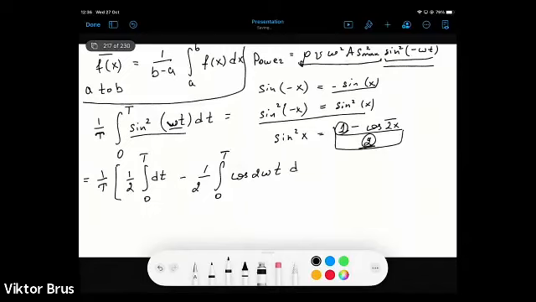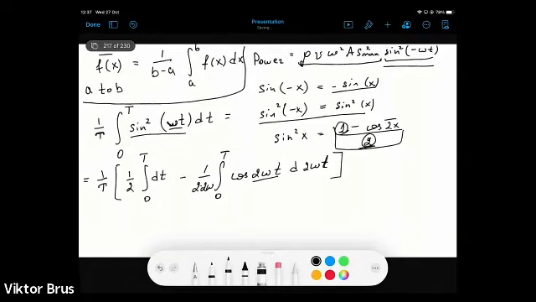We had dt, but in order to integrate, we need to adapt our differential to the argument of cosine. We want not dt, but d(2 omega t). Since omega and 2 are constants, we can do this: multiply our differential by 2 omega and get d(2 omega t). But if we multiply here, we need to divide also to keep it the same. So we need to add 2 omega in the denominator.